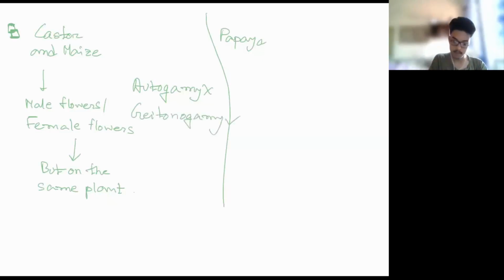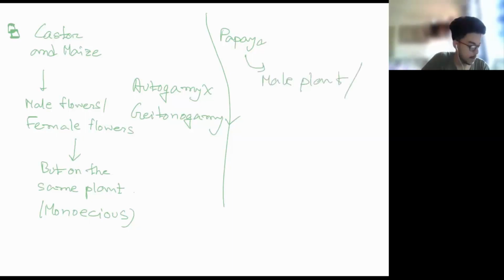So see, male and female flowers are present on the same plant. So the plant is monoecious. So now think of it. The particular species of plants which are monoecious, that is male and female flowers both are present in the same plant, but produce unisexual flowers, the flower either is male or is female. In such cases, autogamy is prevented, but not geitonogamy. Now, in case of papaya, it produces either male plant or female plant.